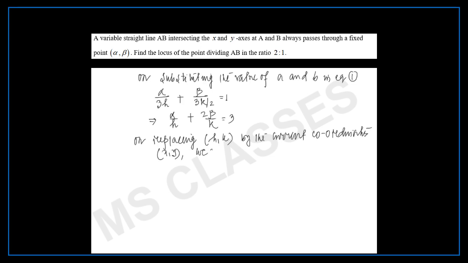We get alpha by x plus 2 beta by y equal to 3. And that is the required locus.